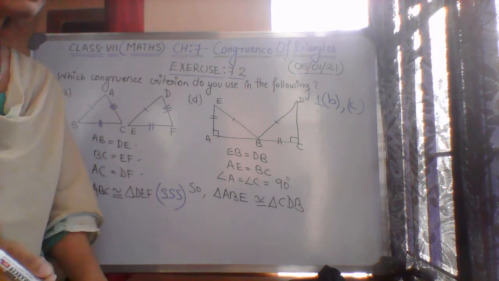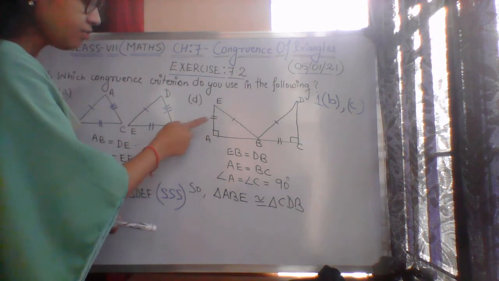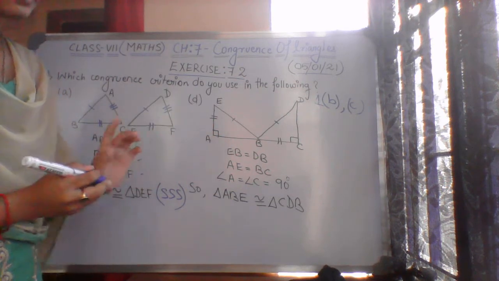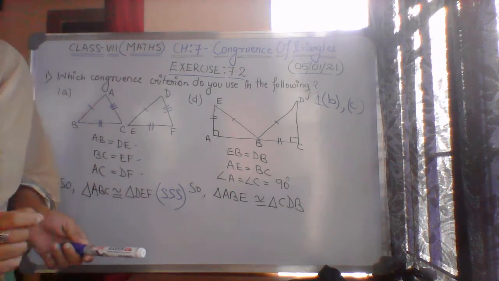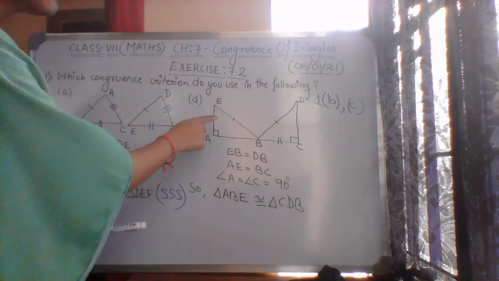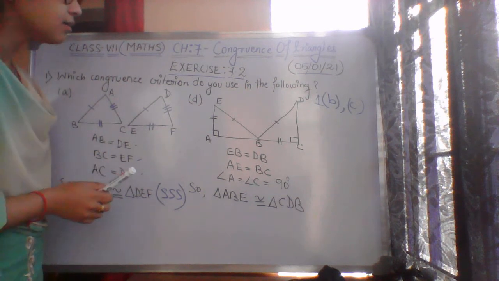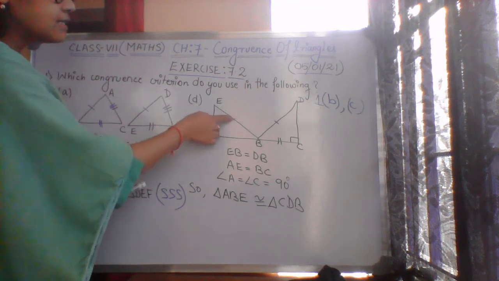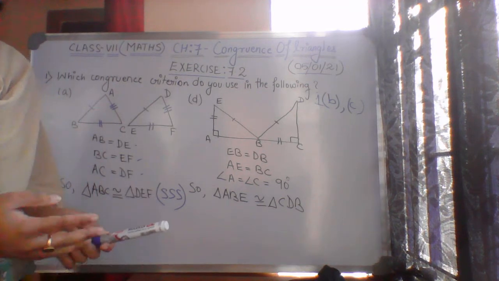So you will be thinking it can be angle side angle, sorry, two sides, one angle. You will be thinking side angle, but there is no criteria called side angle. Or you will be thinking it is angle side, but there is no criteria called angle side.